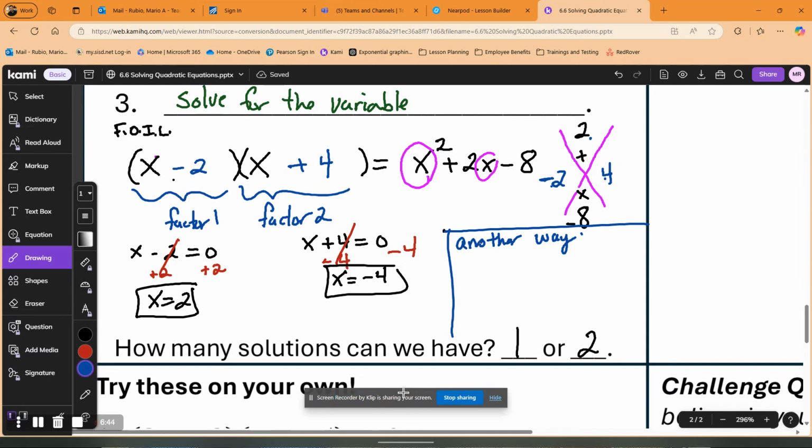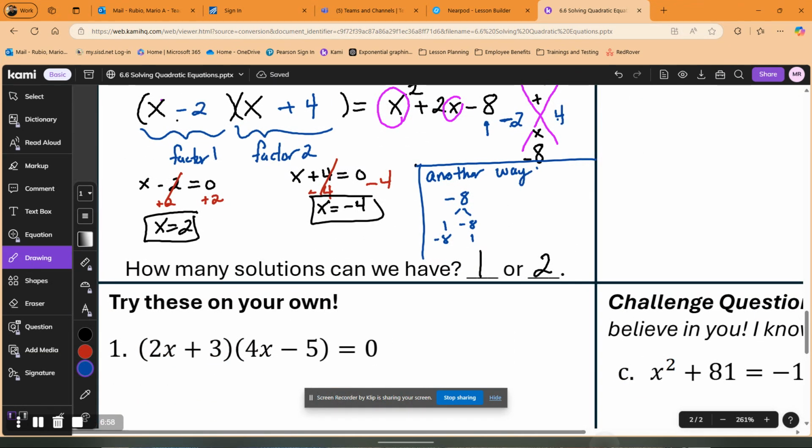Let's take this constant, negative 8. What are the factors, or what times what gives me negative 8? 1, negative 8, negative 8 and 1, always. And then I'm going to keep writing. Another one is 2 and 4. Let me move this up a little bit so I have more space.